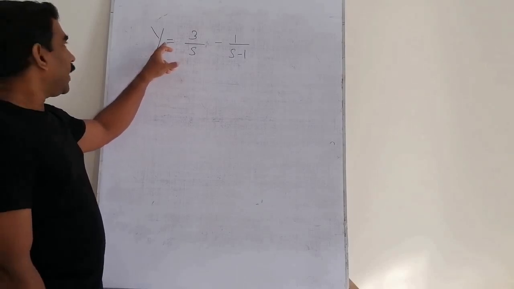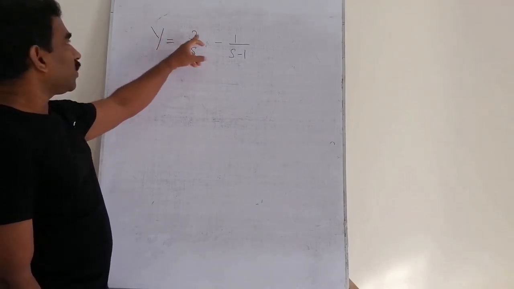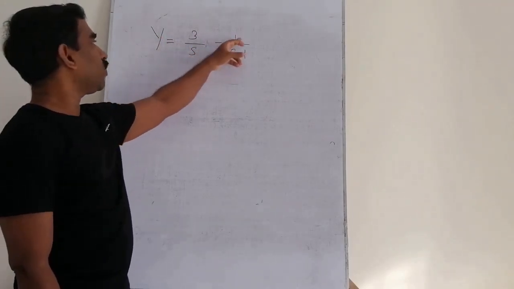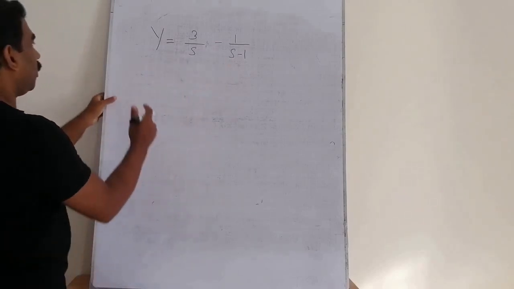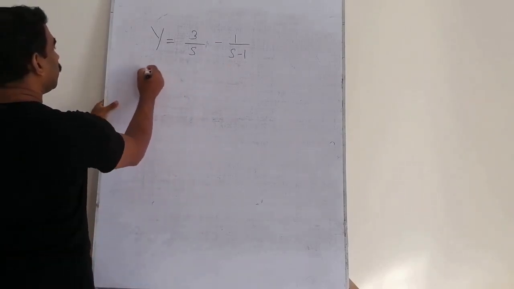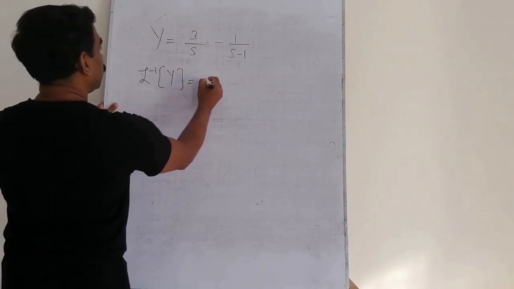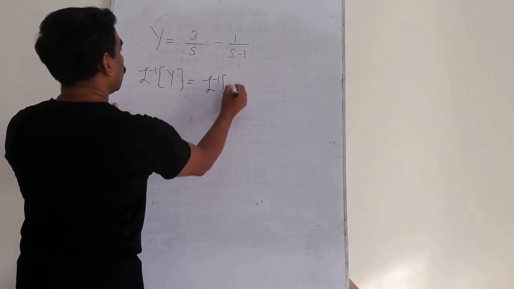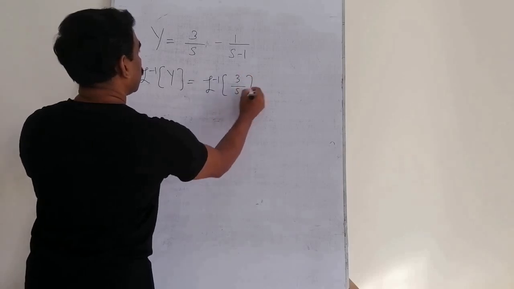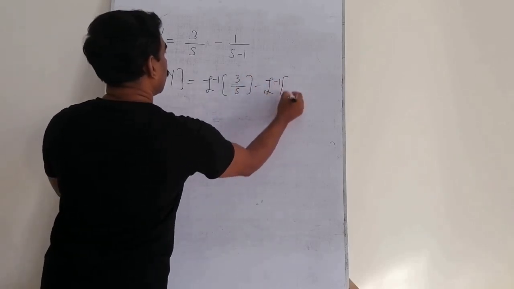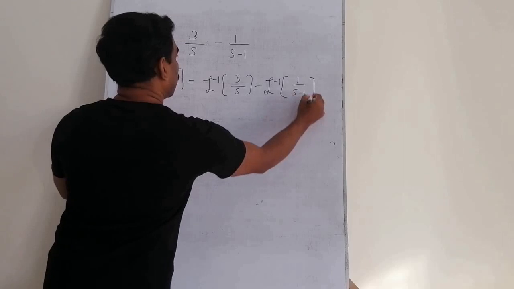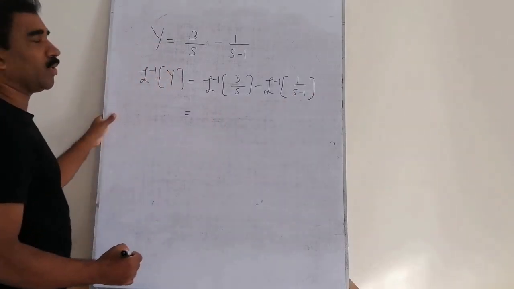So we can rewrite the function capital Y using partial fractions as 3 by s minus 1 by s minus 1. Now taking the inverse Laplace transform, that is L inverse of capital Y is equal to L inverse of 3 by s minus L inverse of 1 by s minus 1, using the linearity property.